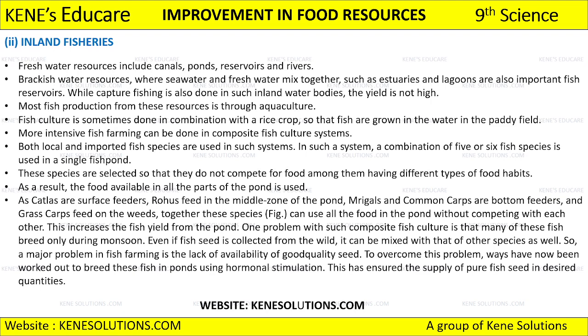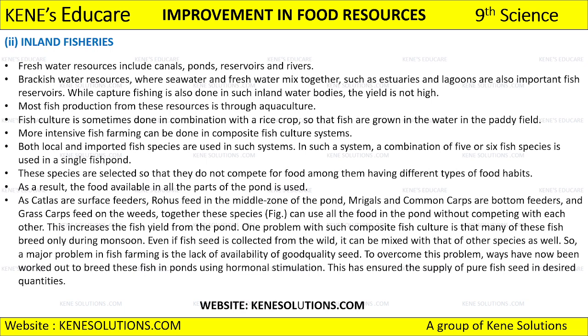One problem with such composite fish culture is that many of these fish breed only during monsoon. Even if fish seed is collected from the wild, it can be mixed with that of other species as well. It is not compulsory to keep only one species of fish.